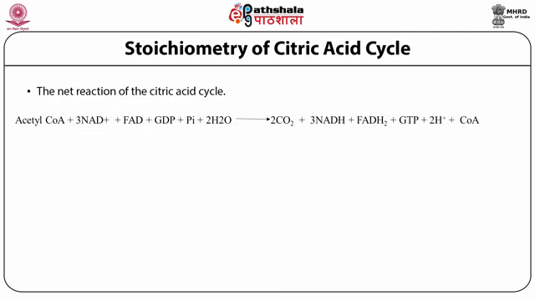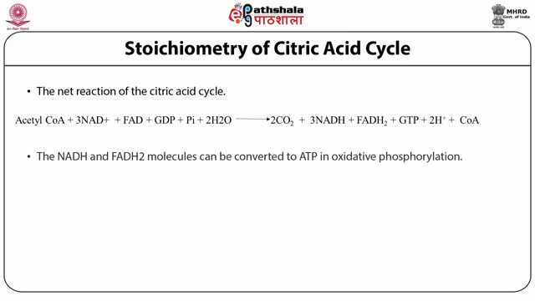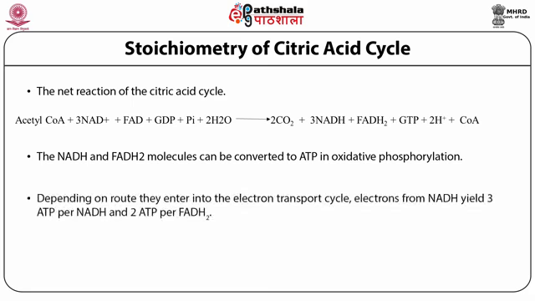For the net reaction of the citric acid cycle, the NADH and FADH2 molecules can be converted to ATP in oxidative phosphorylation. Depending on the route they enter into the electron transport chain, electrons from NADH yield 3 ATP per NADH and 2 ATP per FADH2. Converted in this way, one molecule of glucose yields 38 ATPs.